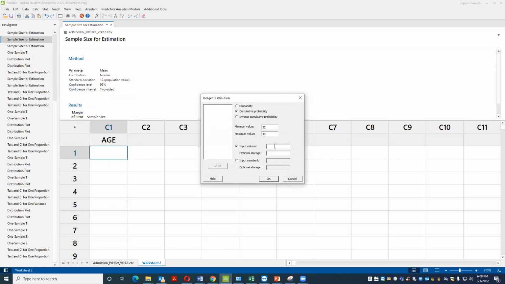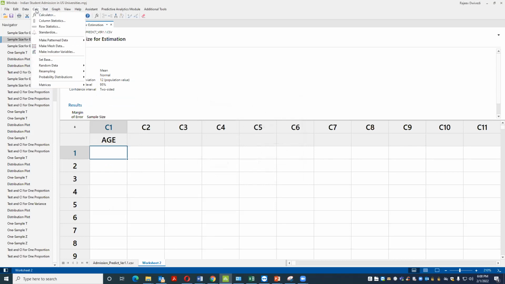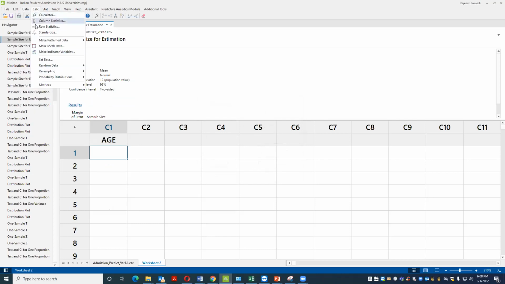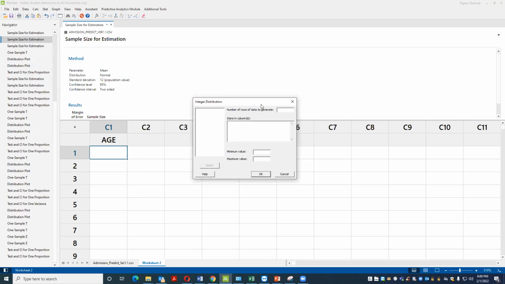The data is random data, integer. The number of rows, I'm just going to generate 25 and store in age.